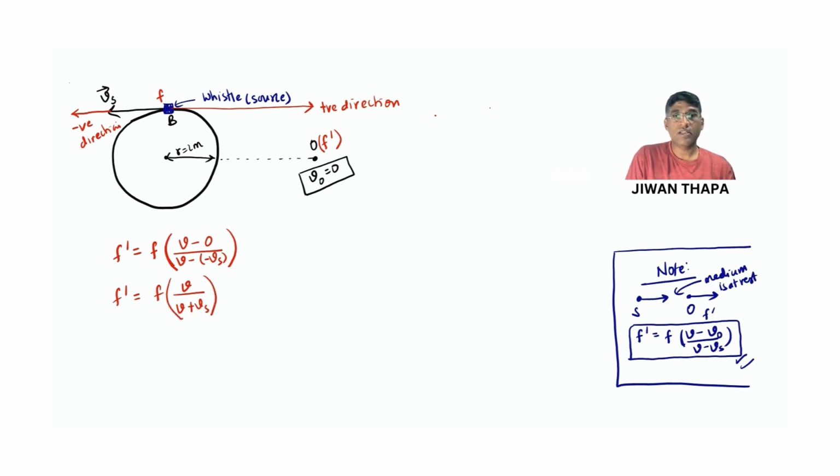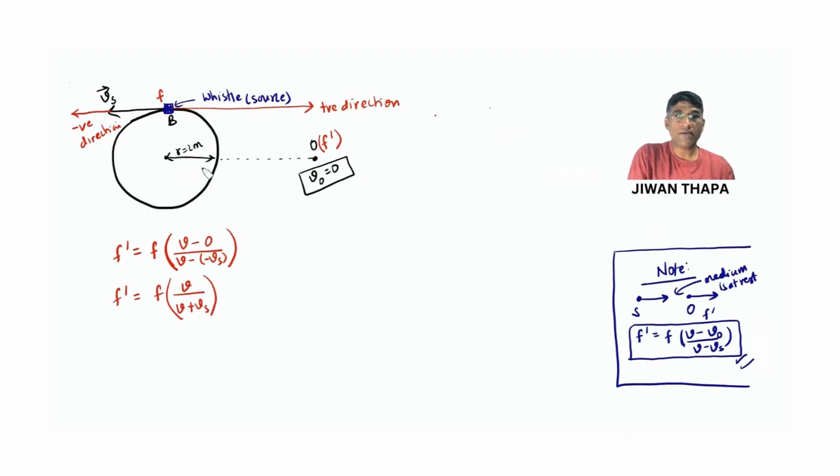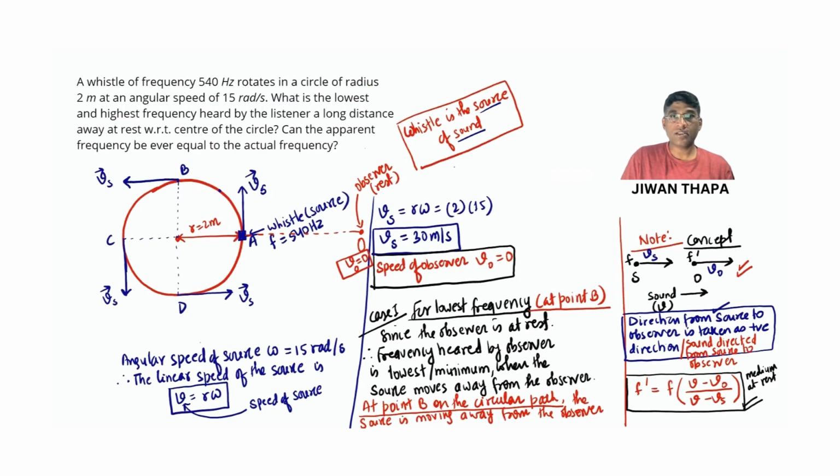So we have this. Now let us put the value. We know F, that is frequency of sound emitted by the source, is 540 Hertz. So F is 540 Hertz. And what is Vs?